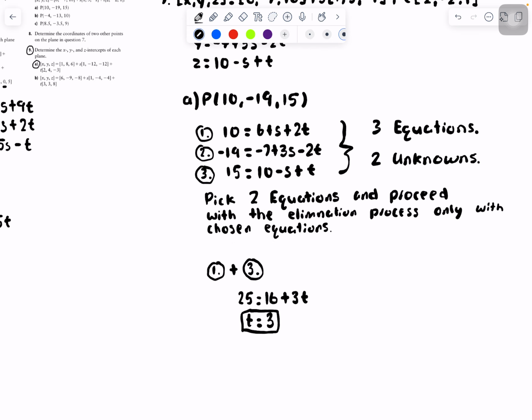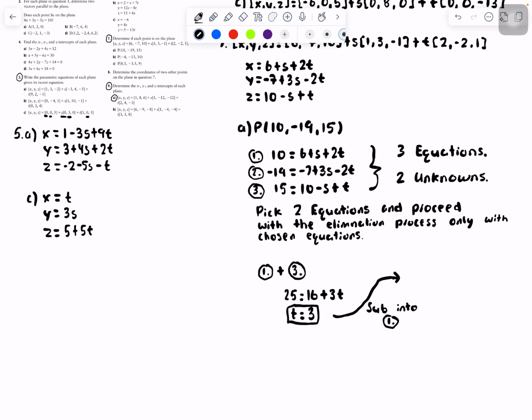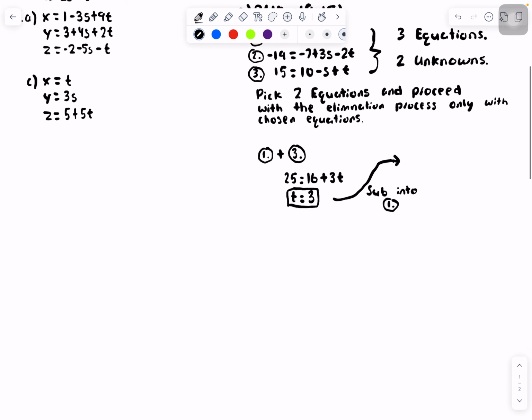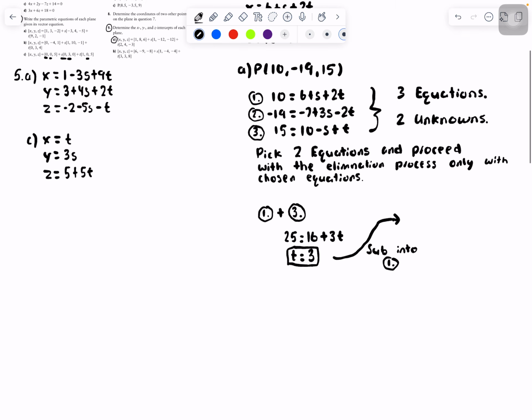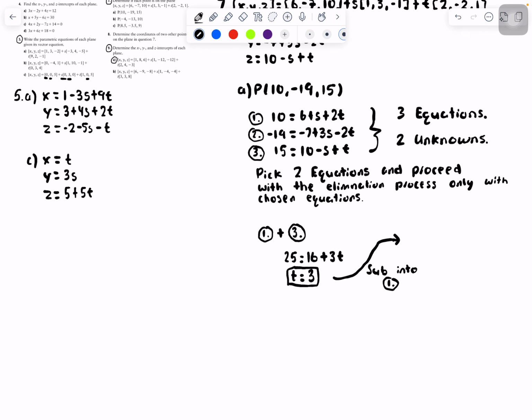Now I'm going to sub this into 1. So what do we get? We get 10 equals 6 plus s plus 2 times 3.